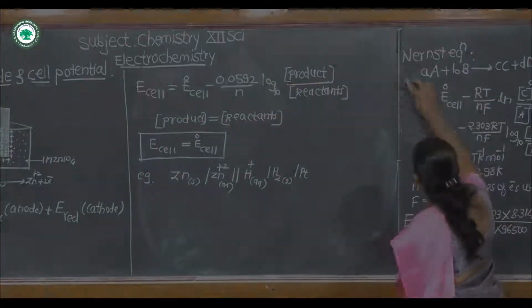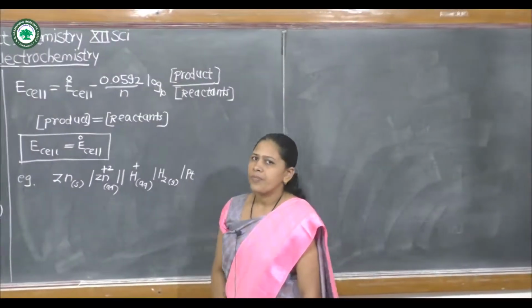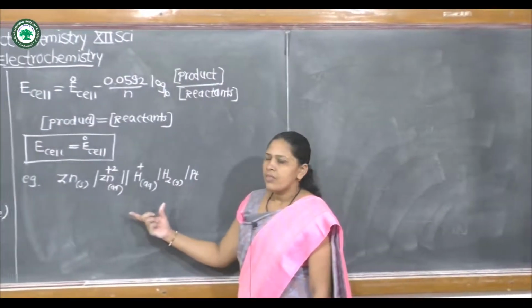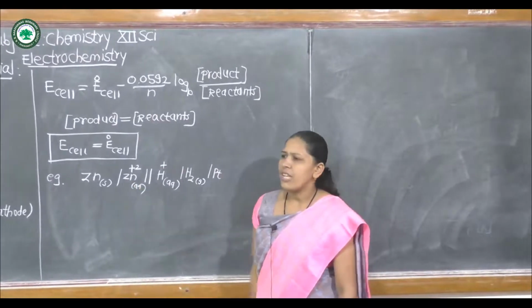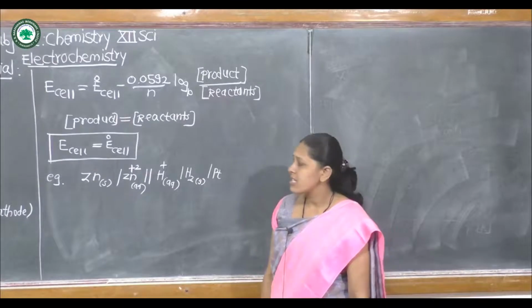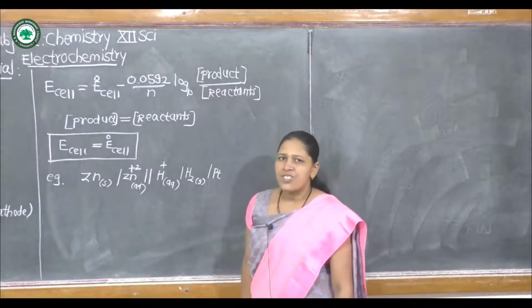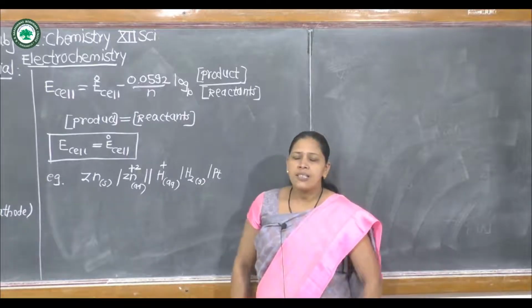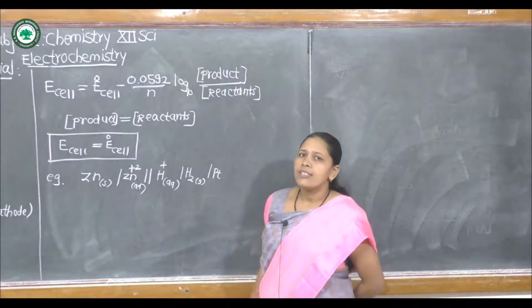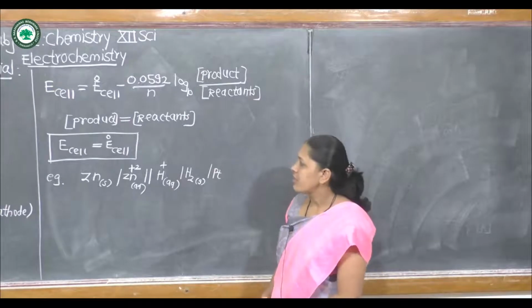First of all, the left hand electrode is the anode, that means the zinc electrode acts as an anode, that is zinc metal undergoes oxidation by loss of 2 electrons. The hydrogen gas electrode acts as a cathode, that means it undergoes reduction.